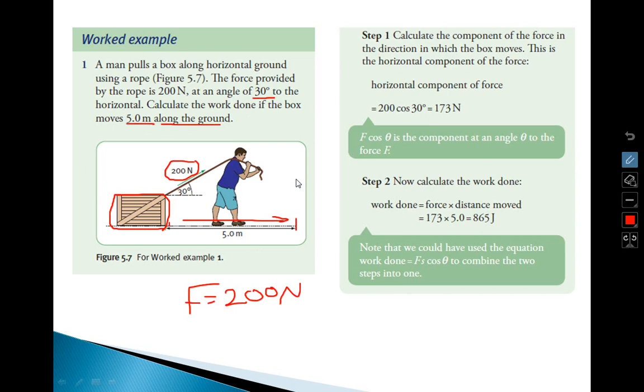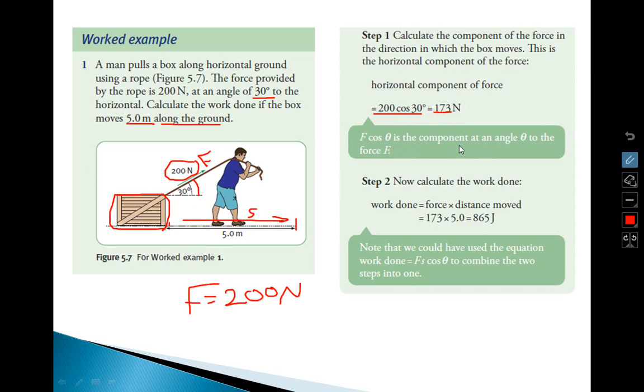So as we said in the last slide, step number 1, we need to calculate the horizontal component of F. So this is F, this is the direction of movement, or distance S, and this is an angle. We need to find this component. The horizontal component is equal to 200 cosine 30, which is equal to 173 Newton.